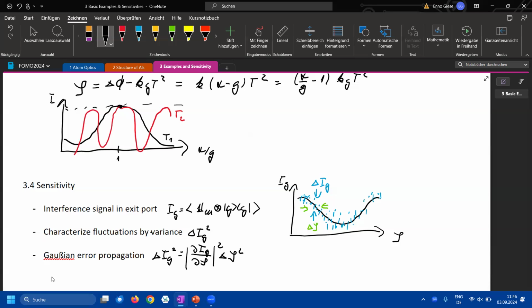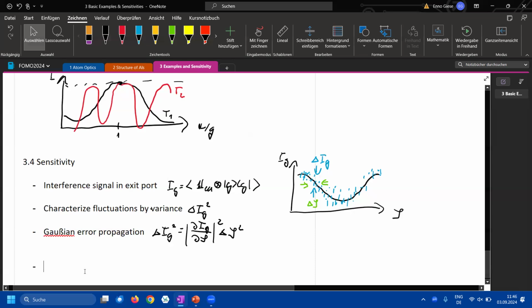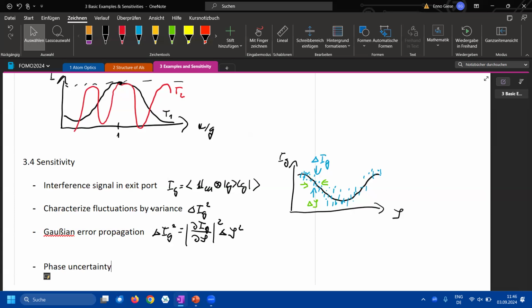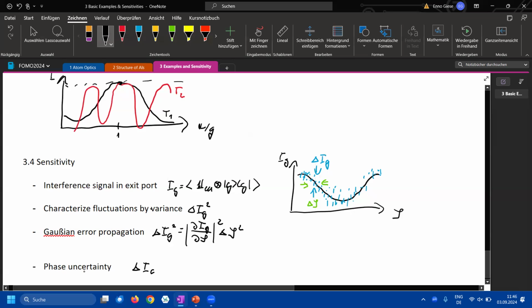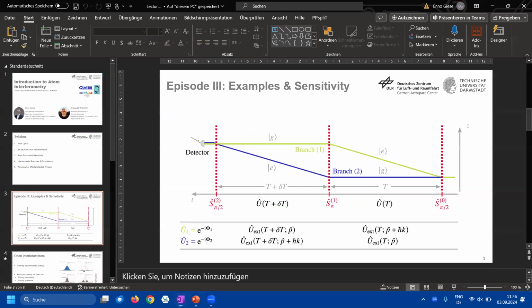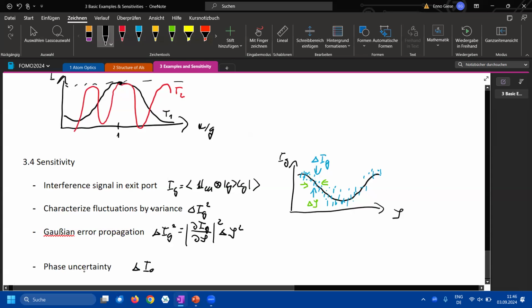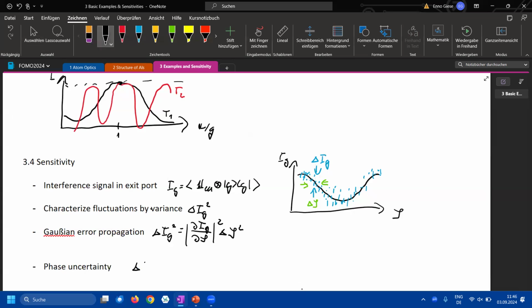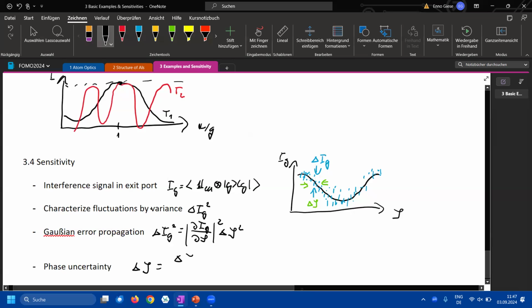Okay, so far everybody's with me. Let's just write this as a phase uncertainty by just dividing through by this derivative. So basically we find the phase uncertainty delta phi is equal to delta Ig divided by the modulus of the derivative of Ig with respect to phi.